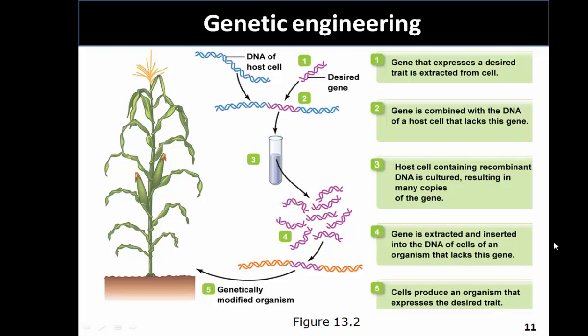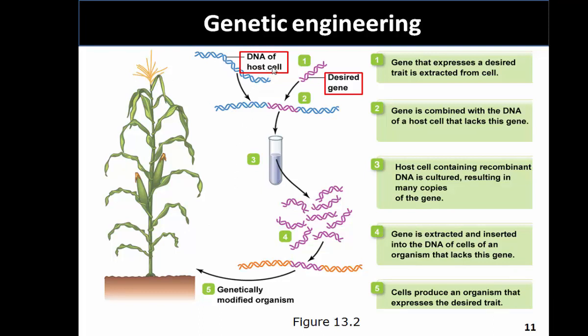This slide illustrates the general steps involved in producing a genetically modified organism, and in this case the organism we'll discuss in greater detail in this part of Unit 8 is corn.